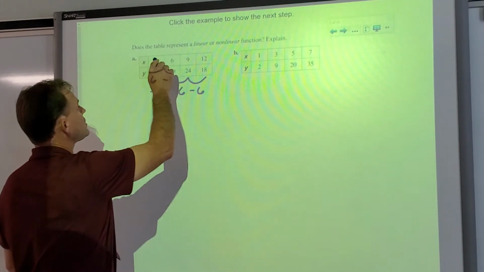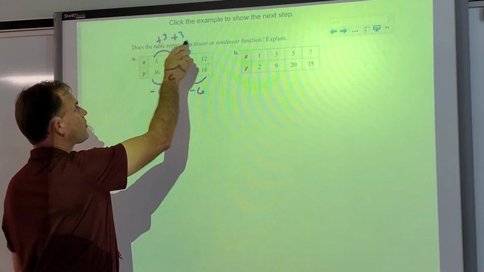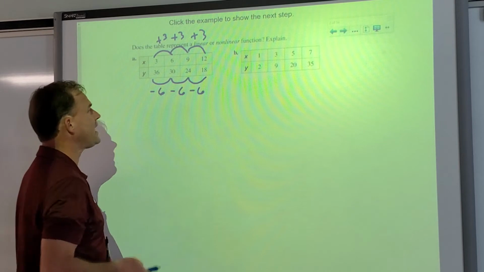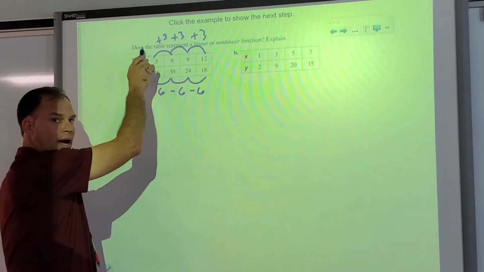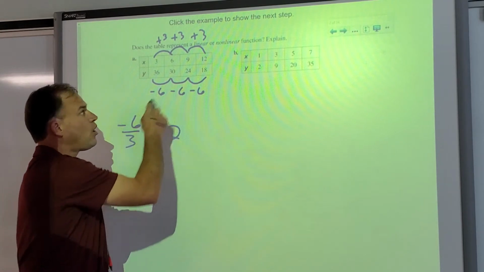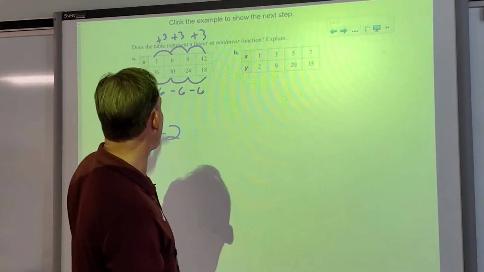Across here is going up 3, up 3, up 3. So the rate of change, the change in y over the change in x, is -6 over 3 for all of them. And it's consistent for each one. They're all in the same ratio.